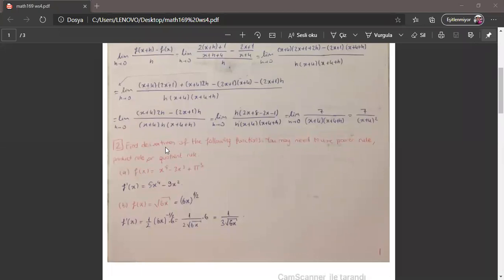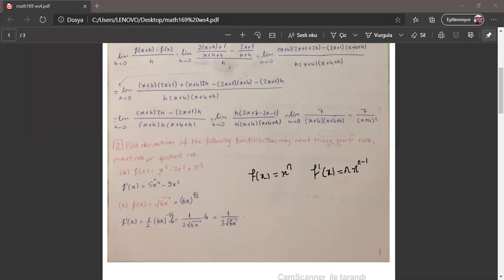Now we will find the derivatives by just using the rules, okay? Remember, if we have a function of this form, x to the n, then its derivative is n times x to the n minus 1, okay?